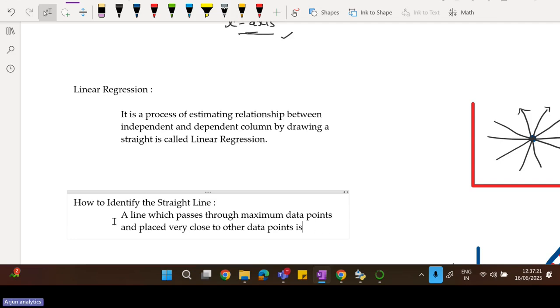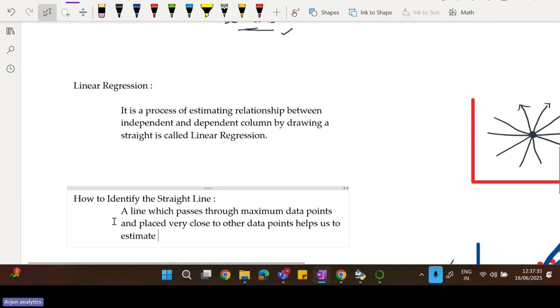This is a line which passes through the maximum data points and is placed very close to the other data points, and helps us to estimate the relationship between independent and dependent columns.